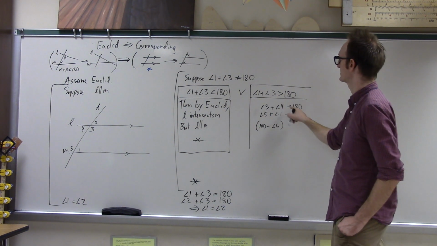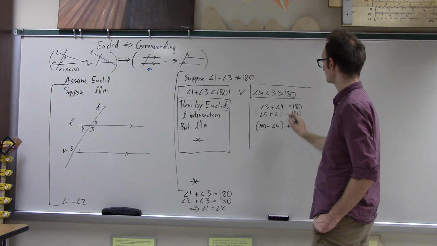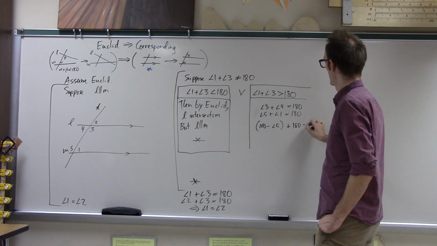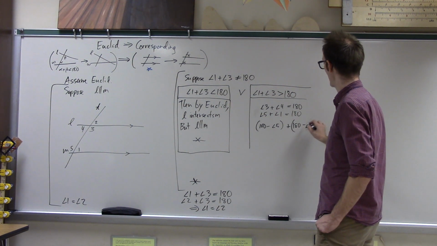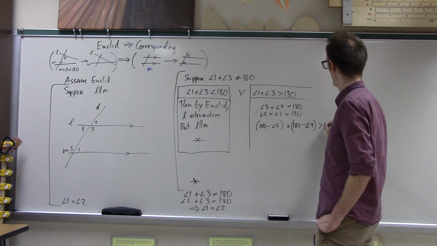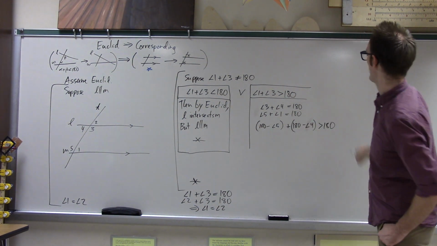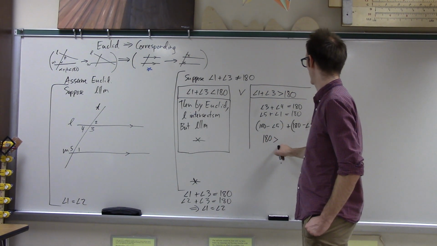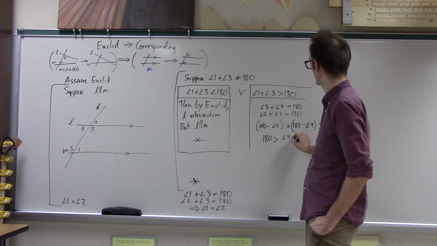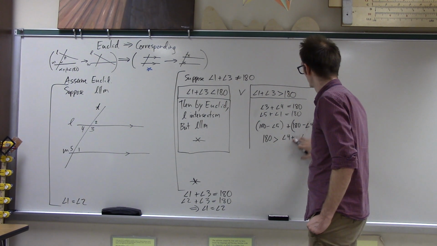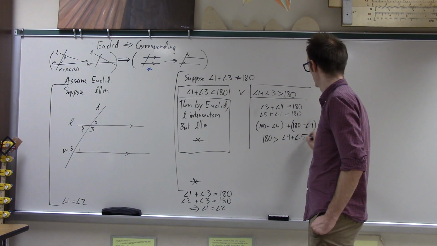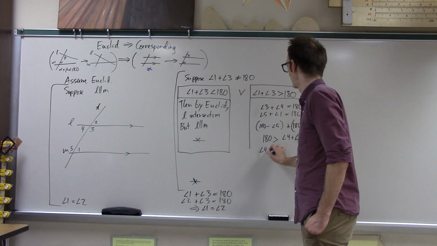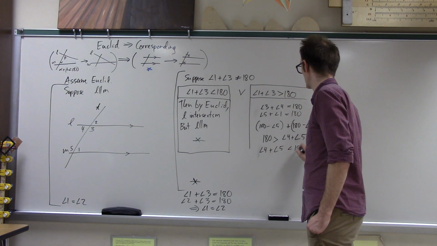And angle 3 is 180 minus angle 4. That is greater than 180, I'm supposing. Okay, so you do a little algebra 1, and this ends up with 180 is greater than 4 plus 5. So now we see that angle 4 plus angle 5 is less than 180.